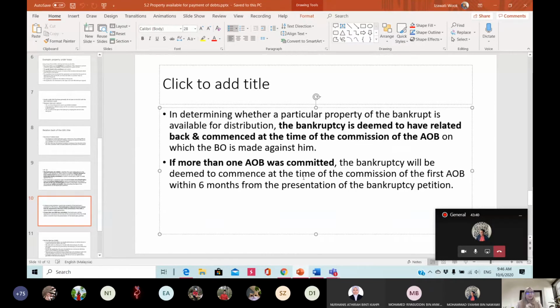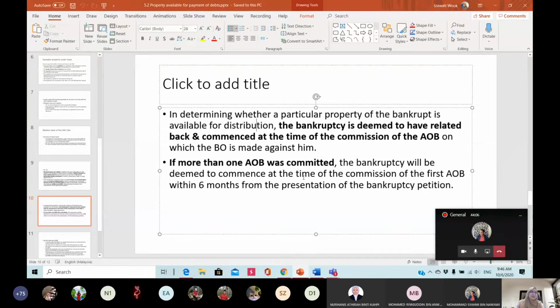So this is again to protect the creditors. It is quite a common situation for a person who is faced with bankruptcy proceedings to transfer his property, to avoid the property from being vested in the DJI. So this is commonly to protect the rights of the creditors.